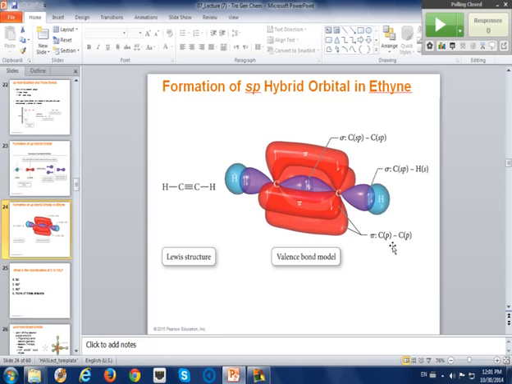Okay, so using these hybrid orbitals, those two hybrid orbitals about the central carbon, by valence bond theory, you overlap the hydrogen with one of those, and you overlap the other carbon with the other hybrid orbital to form two sigma bonds. One sigma bond to the hydrogen by this central carbon, the other sigma bond to the other carbon.